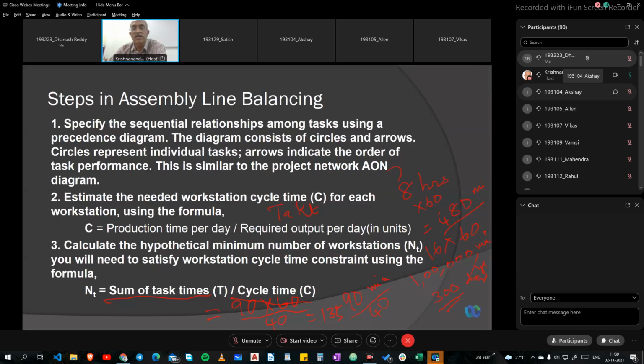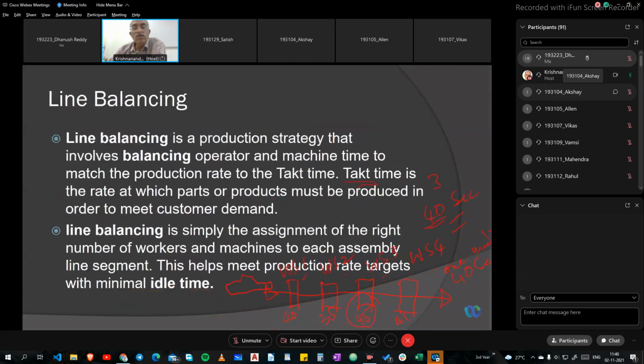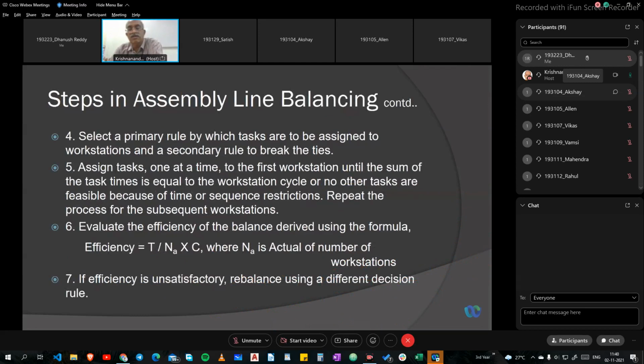Then you try to assign tasks to each workstation, and finally if you want to know how well you have balanced all the workstation times, the formula is given here: total task time divided by the actual number of workstations times the cycle time.